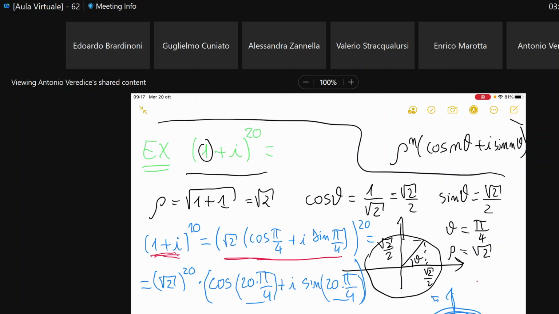Okay, this is 5 pi. So 5 pi is like pi, actually. So its cosine is -1 and its sine is 0. So at last, 1 plus I to the 20 is -2 to the 10.